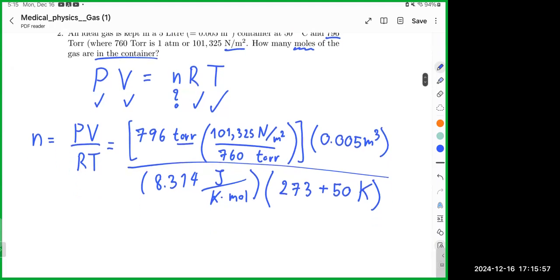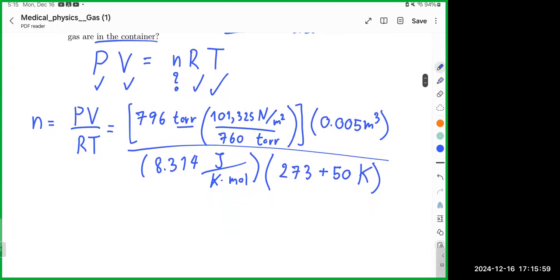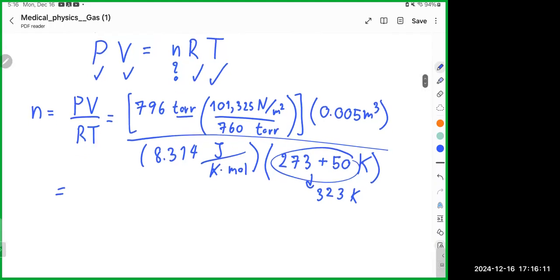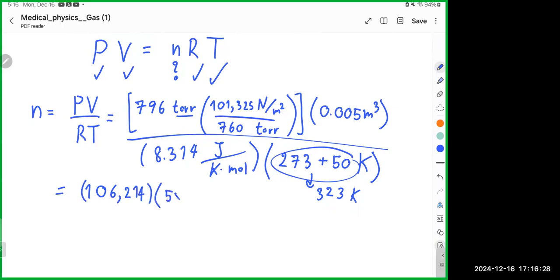So the rest is about the calculator. You add this and get 323 Kelvin. And for the final answer, just for you guys to check, the pressure would be around here. The volume might be converted into scientific notation.